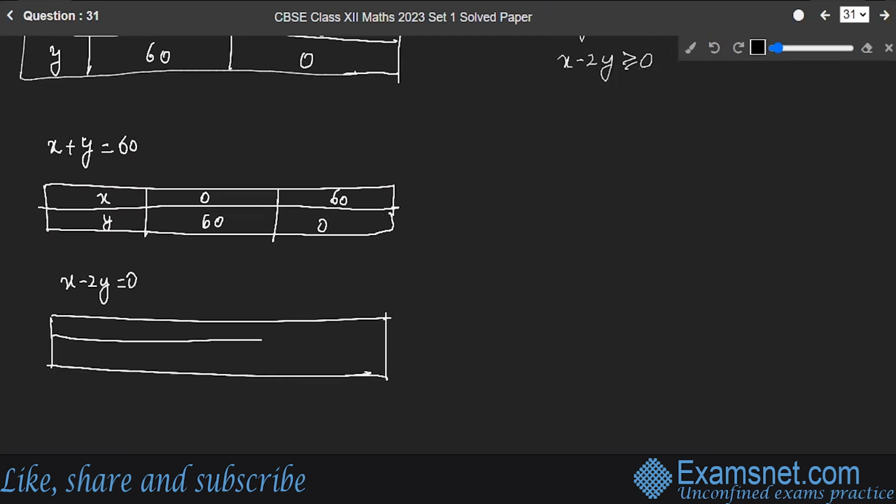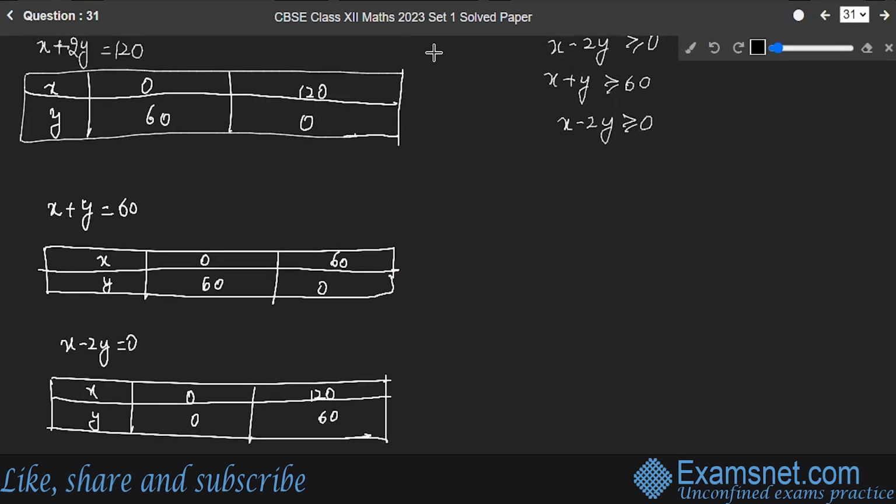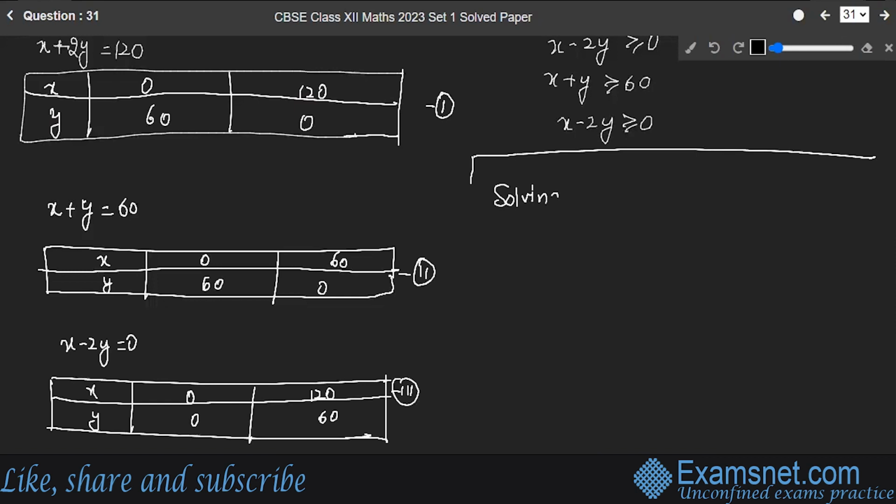So here is the table, this is x and y. If I'm putting x is equal to 0, y becomes 0. If I'm putting x is equal to 120, y becomes 60. So let's say this is number 1, number 2, and number 3. Okay. Now, solving 1 and 2, we get the point of intersection.